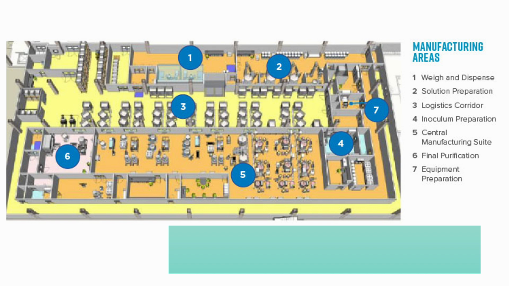Then we go to the logistics corridor in 3, and then we end up in section 4 for the inoculum preparations, and then the central manufacturing suite, which is usually a closed area, is section 5, and then we end up with the final purification and adding the final product into its final container.